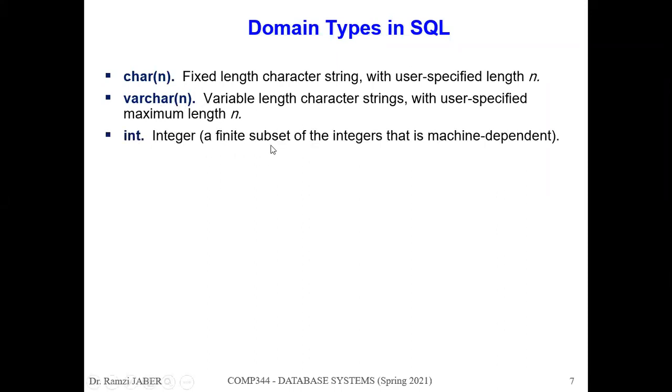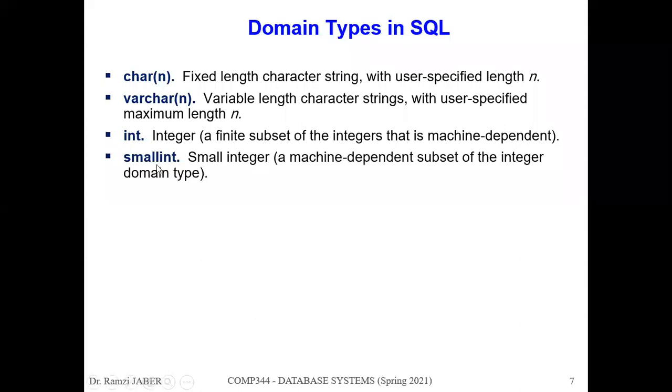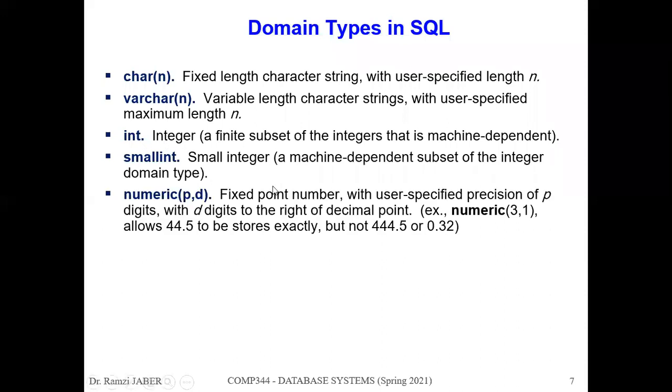Integer, you know it: small integer is 1 byte, integer is 2 bytes in the memory. Numeric p comma d is a fixed point number, similar to float but with a fixed point.